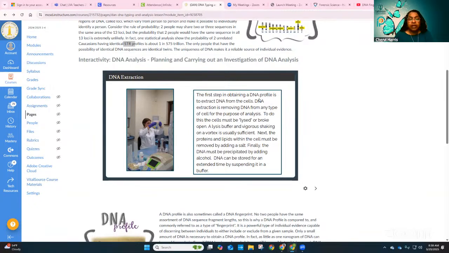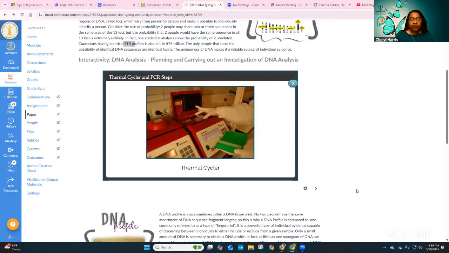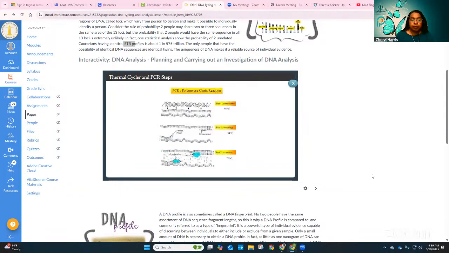All right, so then it goes through the process of explaining extracting the DNA and processing it through a polymerase. And they give you a picture of the machinery that they're going to use.